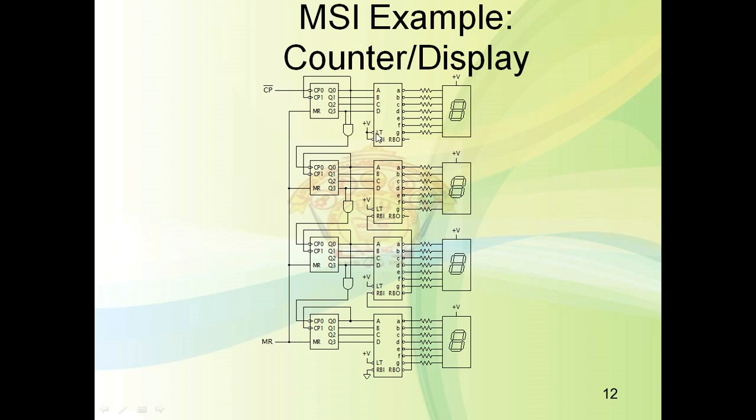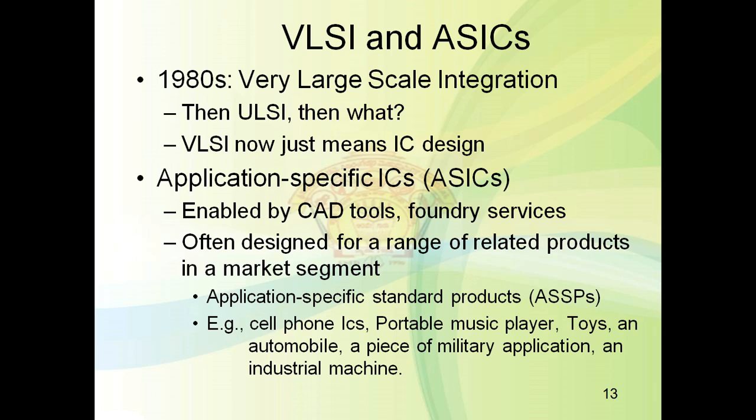So the arrangement is like this, and whenever you want to reset, all the displays should be equal to 0. At that time you have to use this master reset. So when this is equal to 1, all the counter outputs will be equal to 0 0 0 0. Okay, so it will indicate 0. So this is the example of the 4-bit counter display.